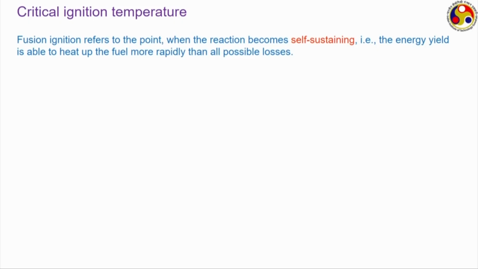But temperature alone is not the only one; there is something called the critical ignition temperature, which refers to the point where the reaction becomes self sustaining. That is, we somehow have to initiate the reaction once and provide the desired conditions, but once the reaction starts, the amount of energy coming out of the reaction should be sufficient to continue the reaction itself.